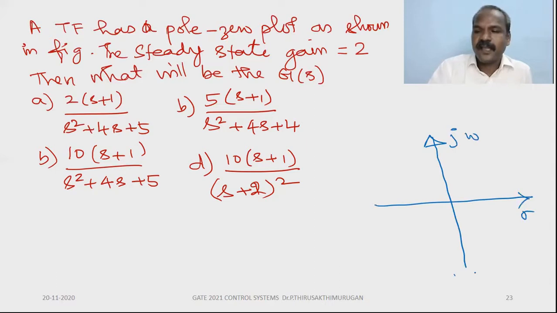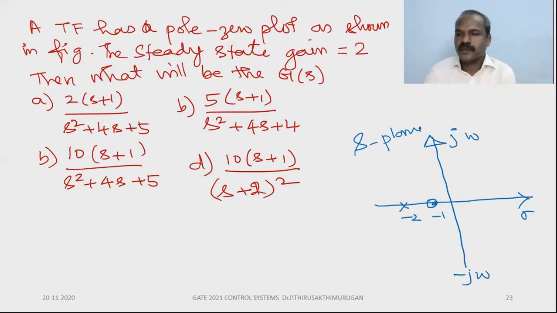One zero is given at -1, one pole at -2. So the steady state gain is also given. Whether A or B or C, which is the correct answer? Please find out.